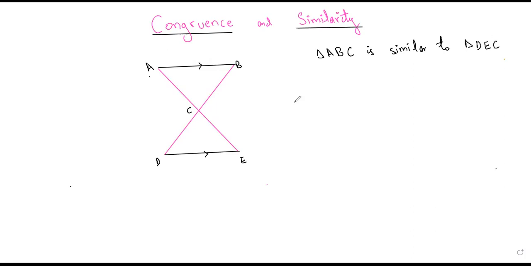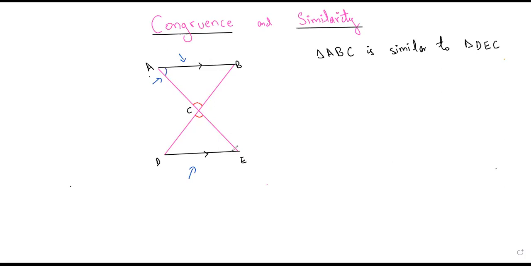Okay, now what do we know? I told you before writing down these examples a property that they are vertically opposite. So these two angles would be equal. Since these two angles are vertically opposite, they are equal. What else do we know? We know that these are two parallel lines that are being cut with a transversal.